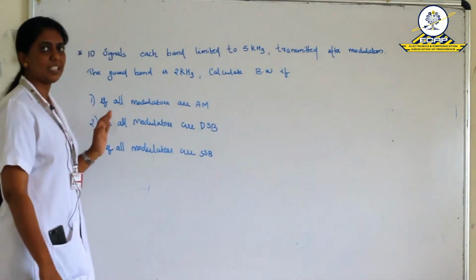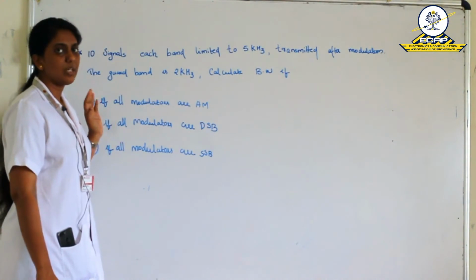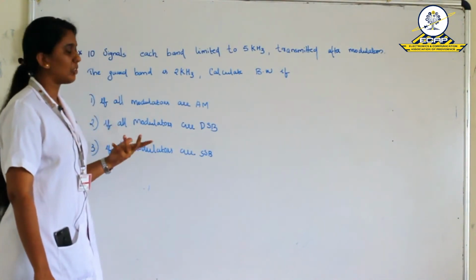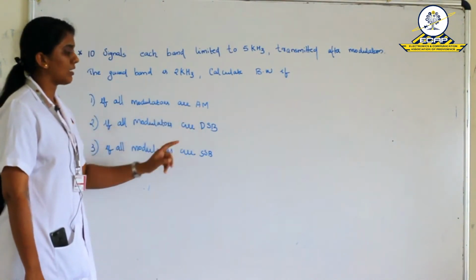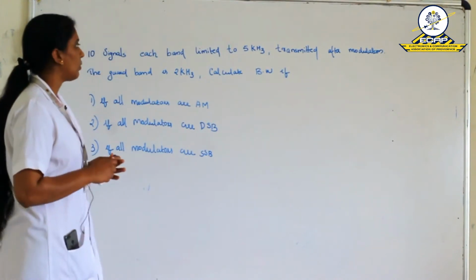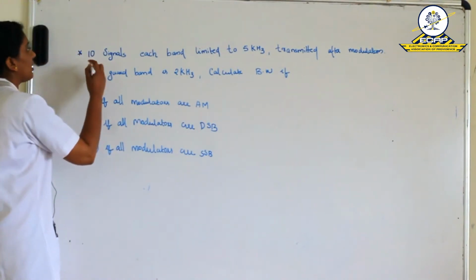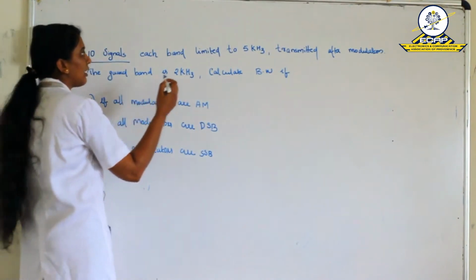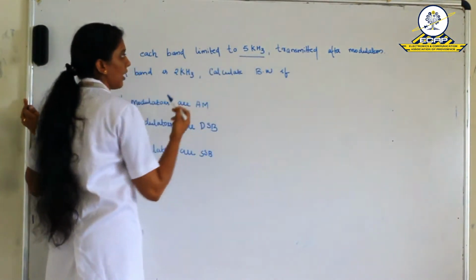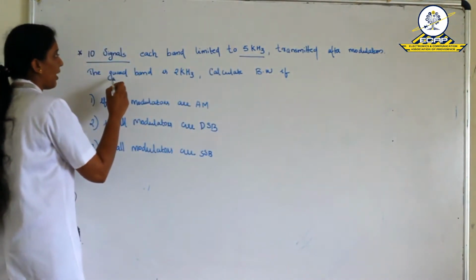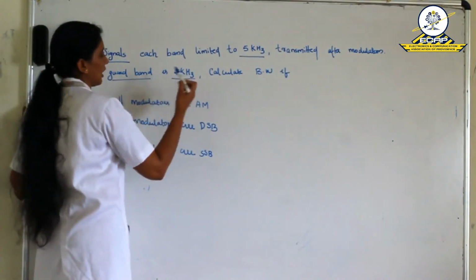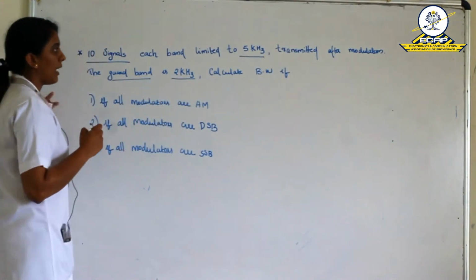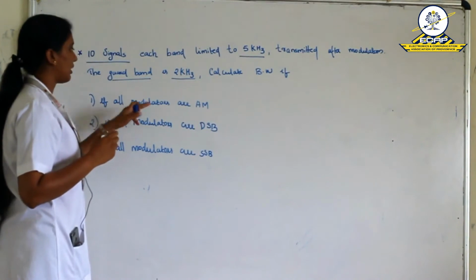This question is basically related to frequency division multiplexing, but indirectly it is also related to AM, DSB and SSB. We have 10 signals, each band limited to 5 kHz, with a guard band of 2 kHz. Calculate the bandwidth if all modulators are AM.